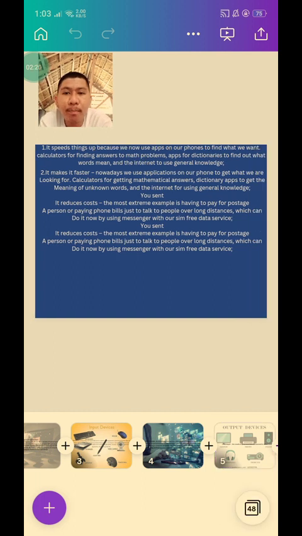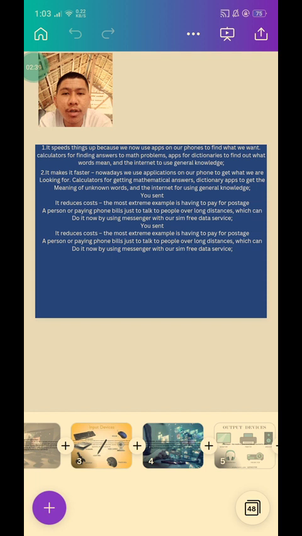It speeds things up because we now use apps on our phones to find what we want, calculators to find answers to math problems, apps for dictionaries to find out what words mean, and the internet to use general knowledge. Two, it makes things faster.